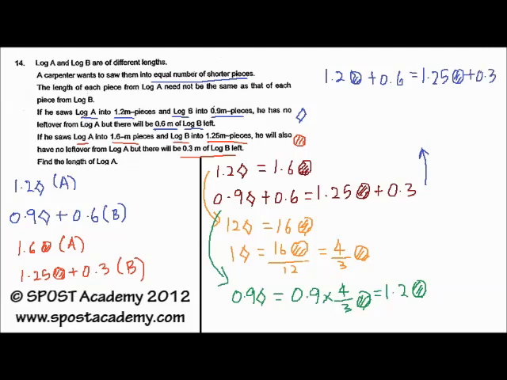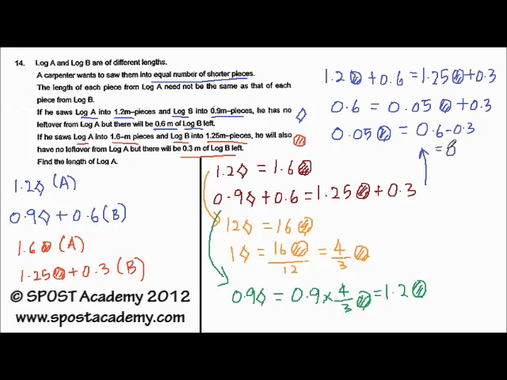From here we know that 0.6 is equal to 0.05 shaded circle plus 0.3, which means that 0.05 shaded circle is equal to 0.6 minus 0.3. That will give us 0.3.